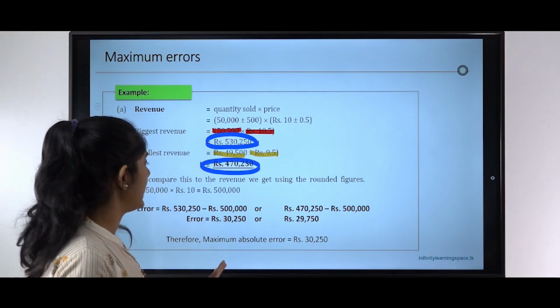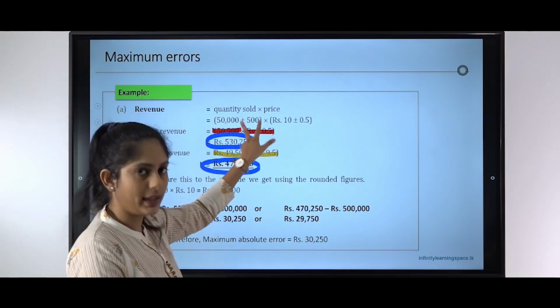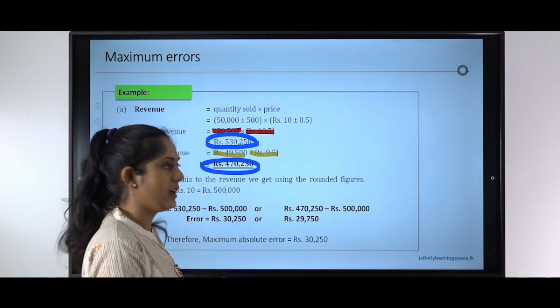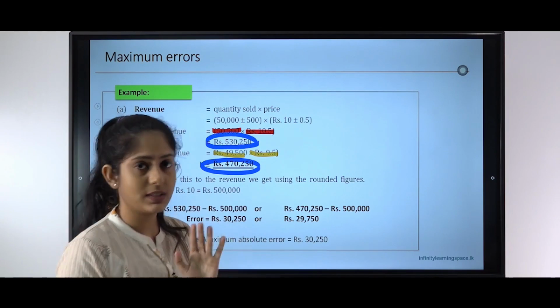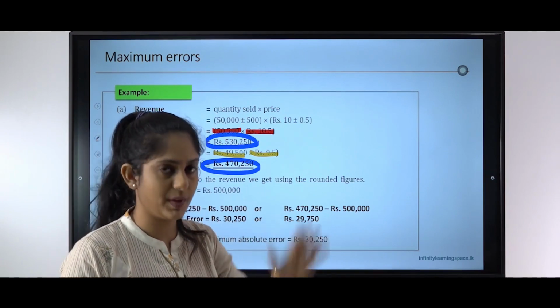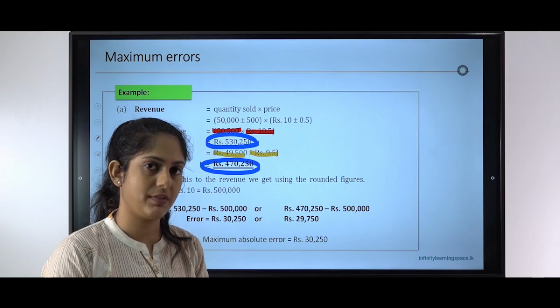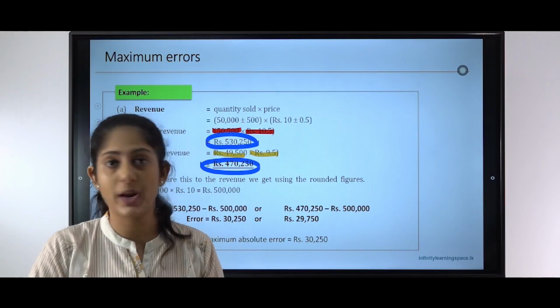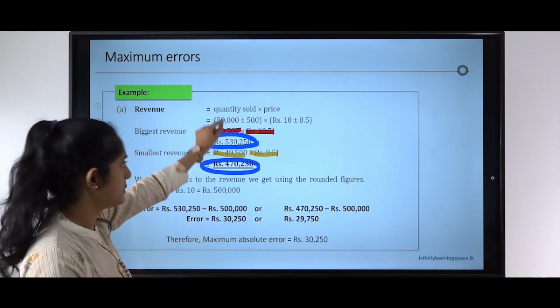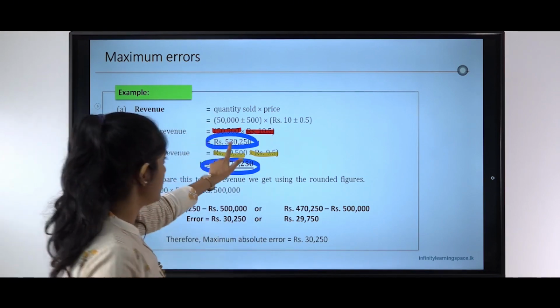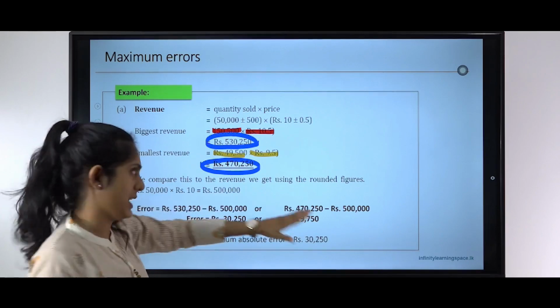So basically what I did is, maximum quantity 50,000 could have been 50,500 max, not even 50,501. If it was 50,501 units, I would have rounded it up to 51,000, right? So this is maximum 500 units up, so 50,500 max.